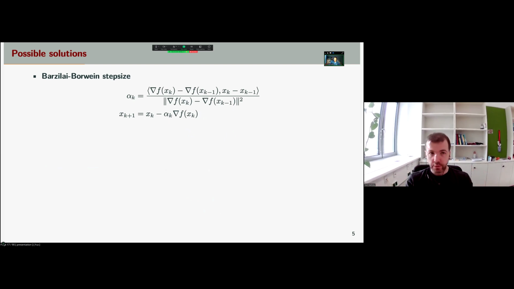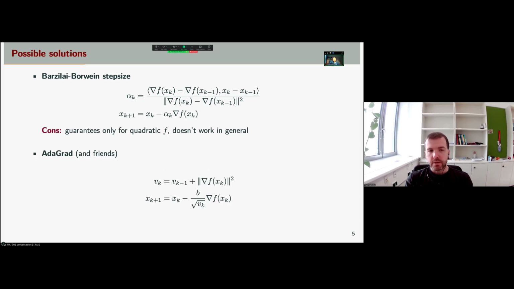This is a very popular approach, but it's somewhat surprising that it is that popular, because there are no guarantees in general for nonlinear optimization, and it's very easy to construct a very nice convex, even strongly convex function where this method will fail. The only really reliable guarantees are for quadratic functions f, where this method can work pretty well, but in general not. And we're interested in this theoretical stuff, of course.